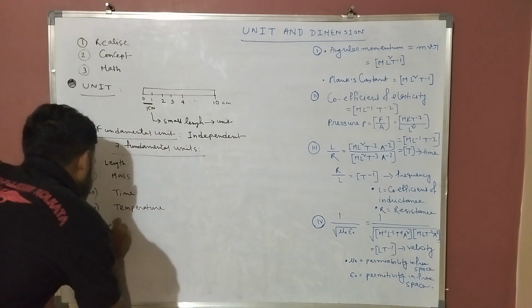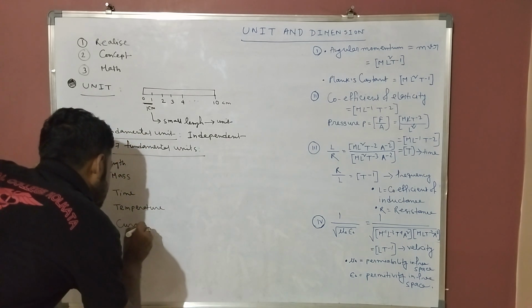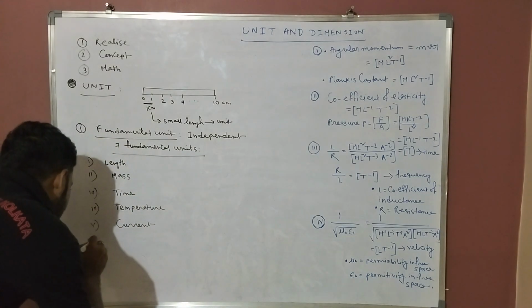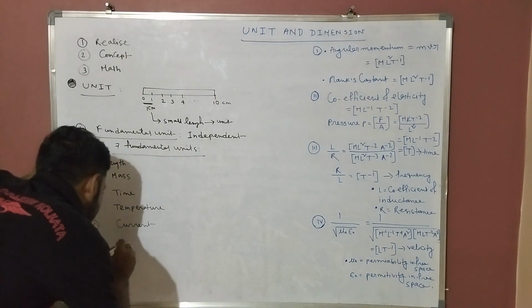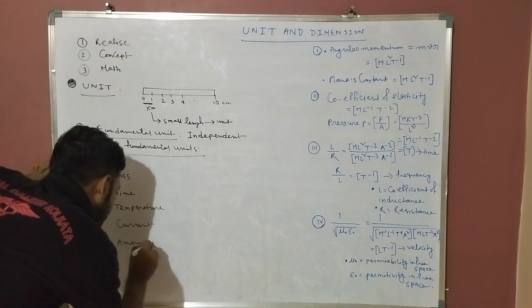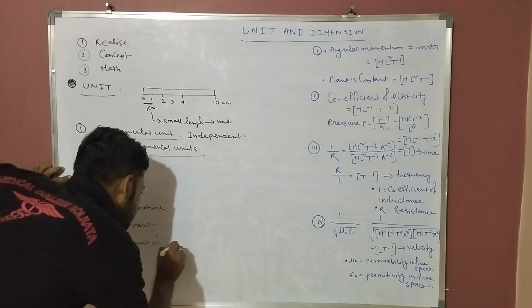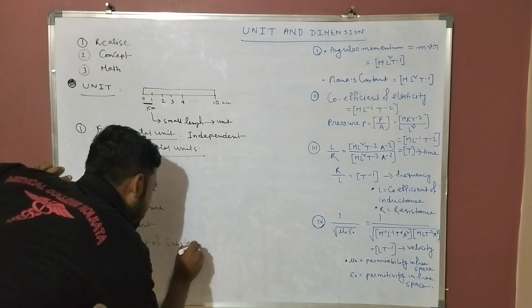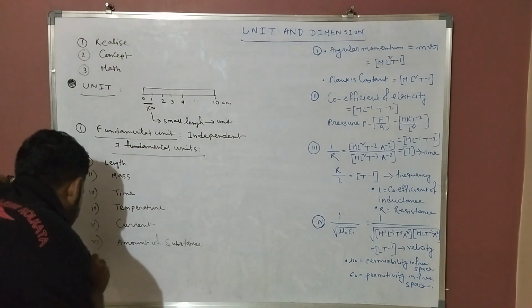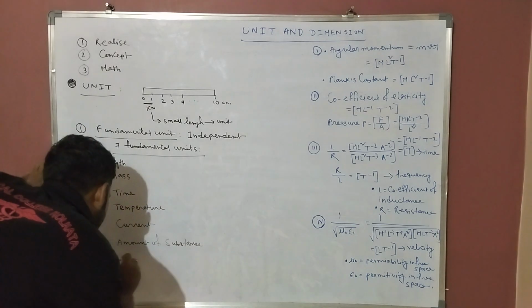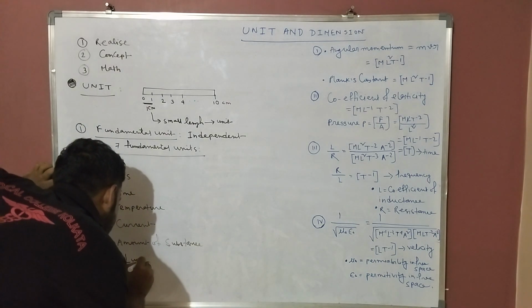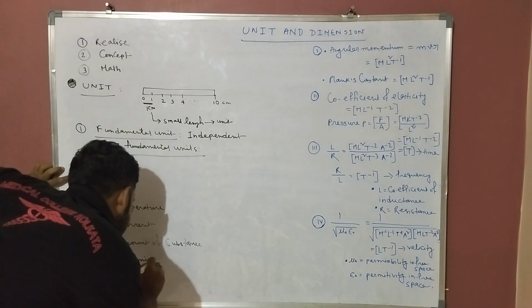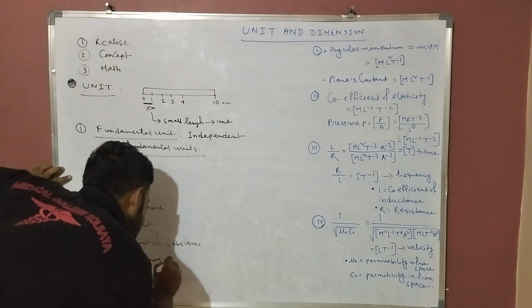Number 5, current. Number 6, amount of substance. Number 7, luminous intensity.